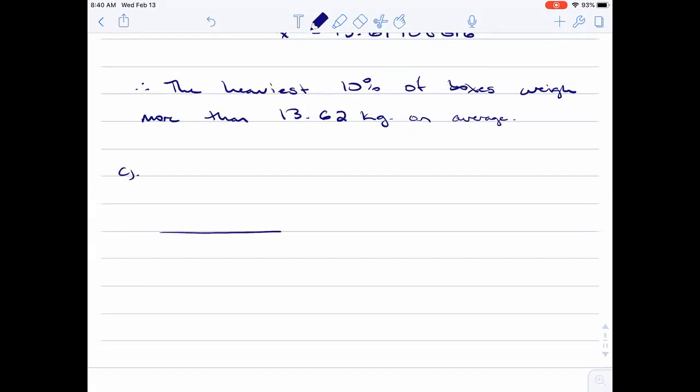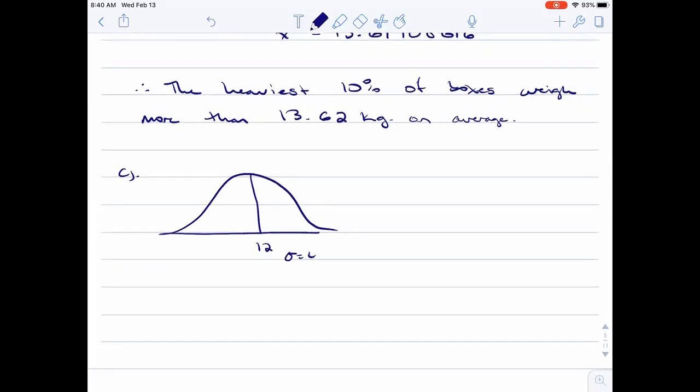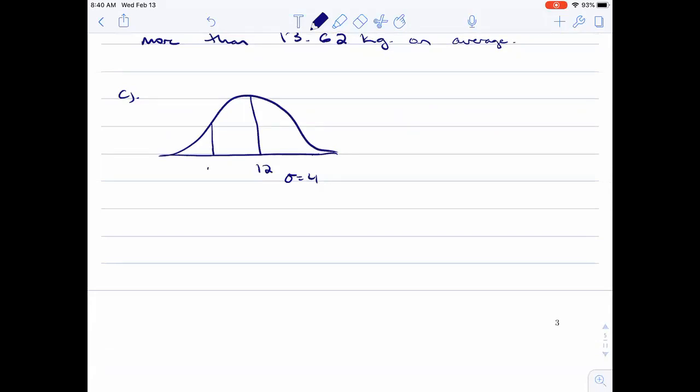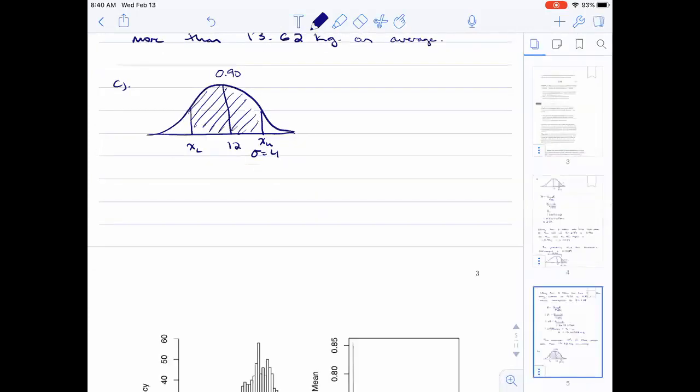So now we have to find some x lower and some x upper, where this area, we're forcing it to be 0.9.